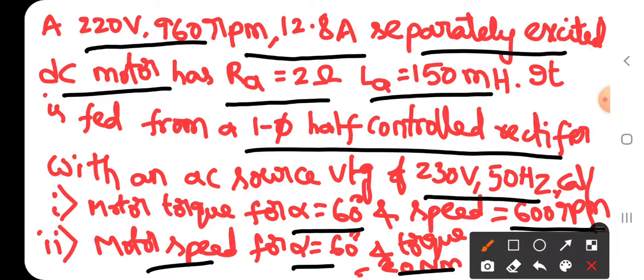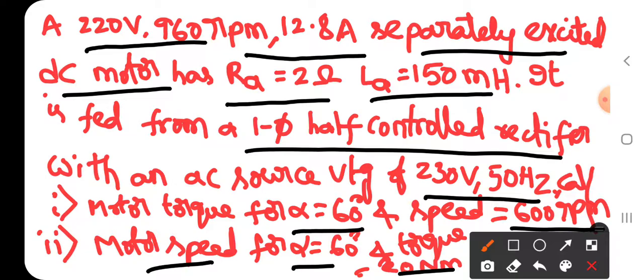Before we go to this problem, we must remember what this 220 volts and this 960 rpm are. These are the ratings of the DC motor.